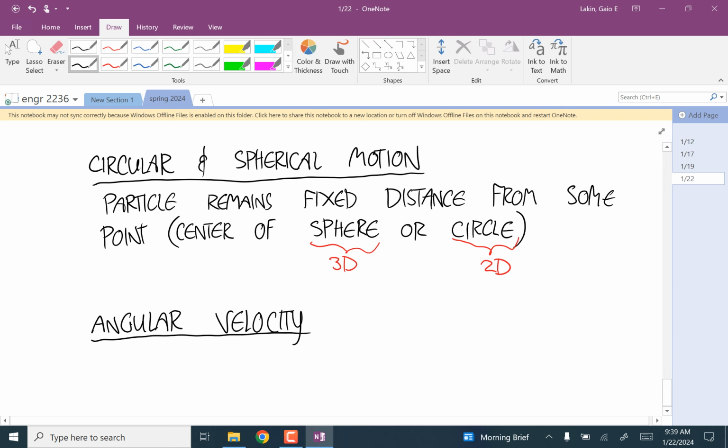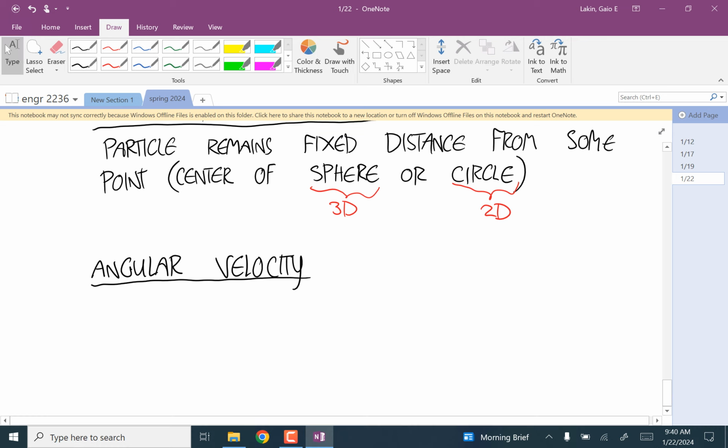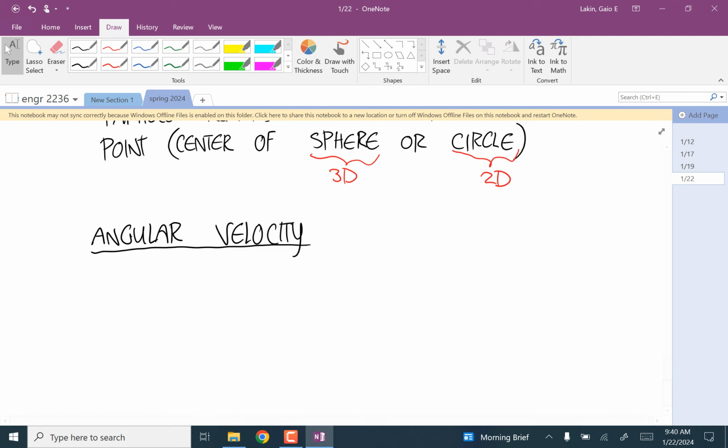How many of you have used the right-hand rule in classes before? You've seen that before, most of you. Okay, the right-hand rule is a way to relate a rotation with a linear direction.